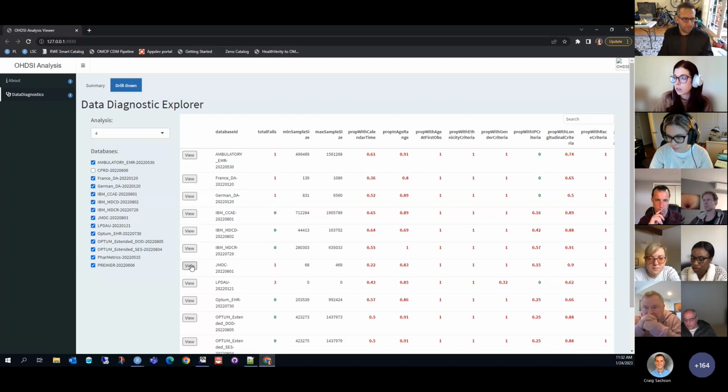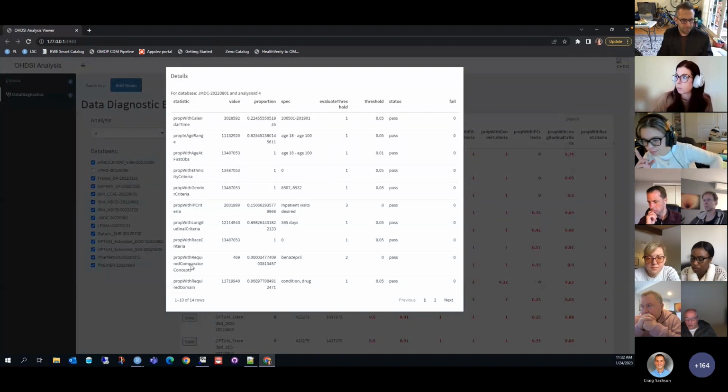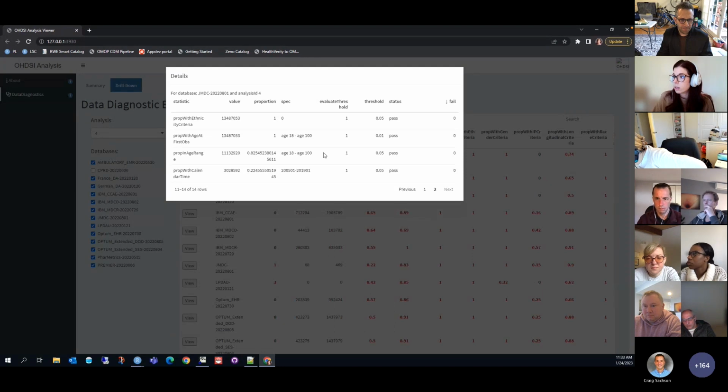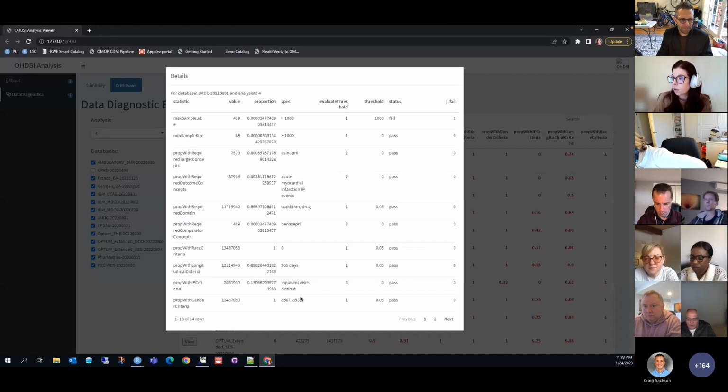I'm actually going to drill into JMDC because it's a pretty good example. And I see some chatter about the word fail, but really I'm talking fail in relation to your particular question. In this case, we're looking at JMDC comparing benazepril and lisinopril, and you can see that we're estimating the maximum sample size at 469.